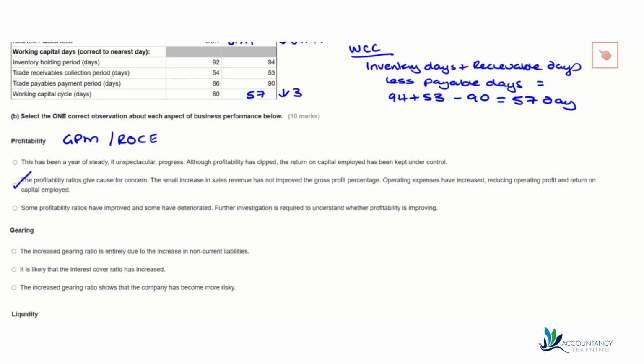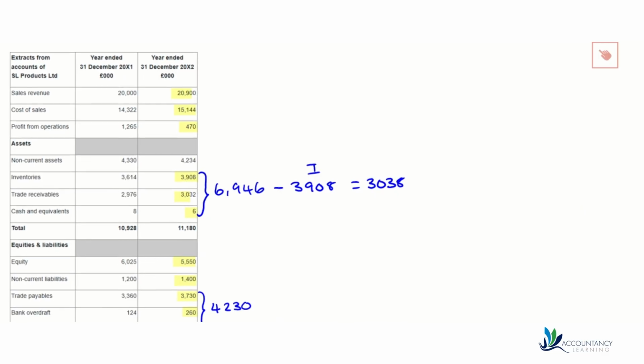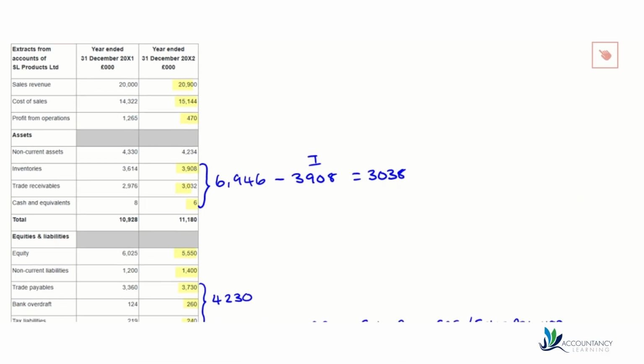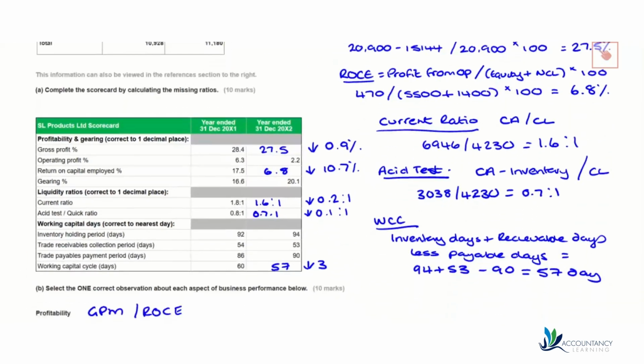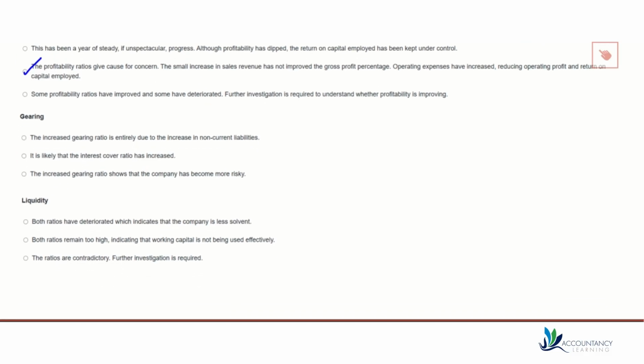As it says, the solution indicates that the gross profit and return have declined and the operating expenses have increased. If we just have a look at the top here to confirm that, we can see the cost of sales leading to profit. There's a big difference between them both, so that indicates there have been some high operating expenses. So yes, the answer to that one would be that we're going to be a little bit concerned about those profitability margins.